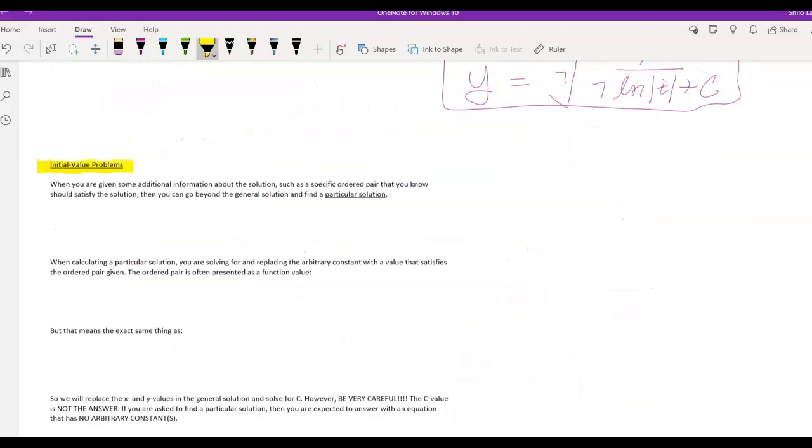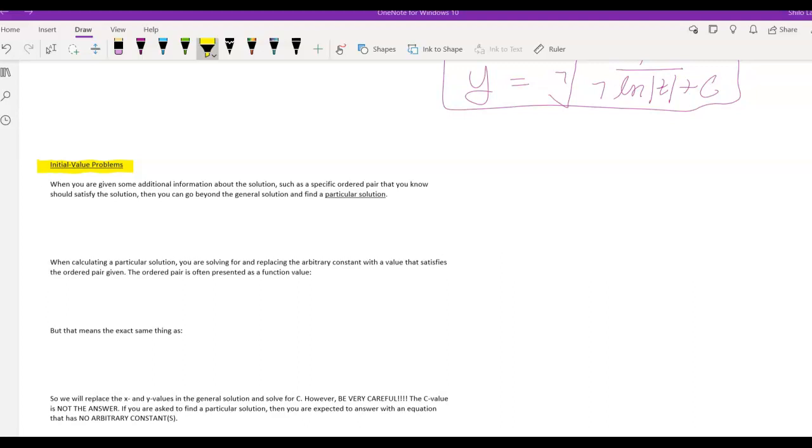We're going to solve a couple of initial value problems next. There are some problems where we're given some additional information about the solution, and that additional information is going to be a specific ordered pair that we know should satisfy our solution.